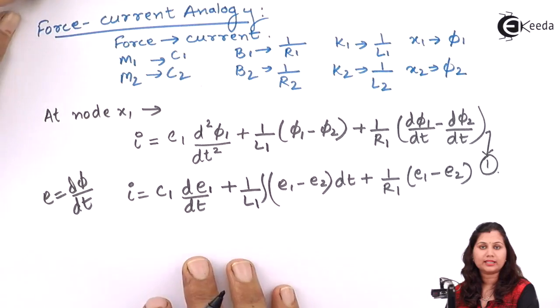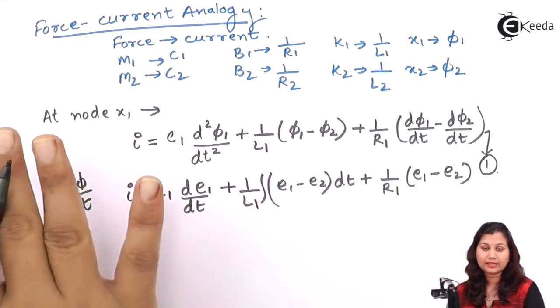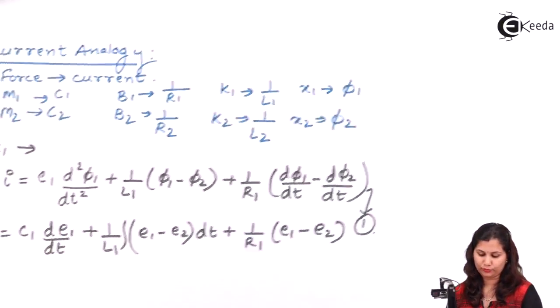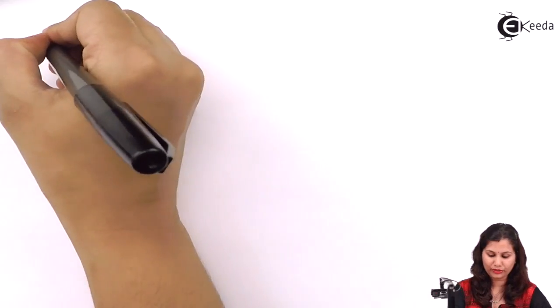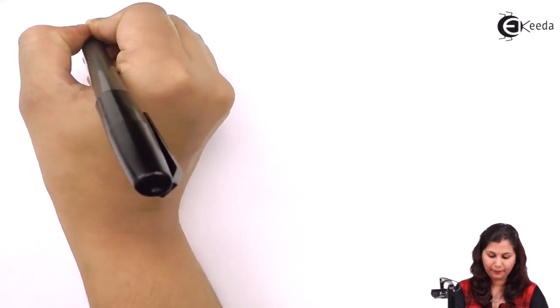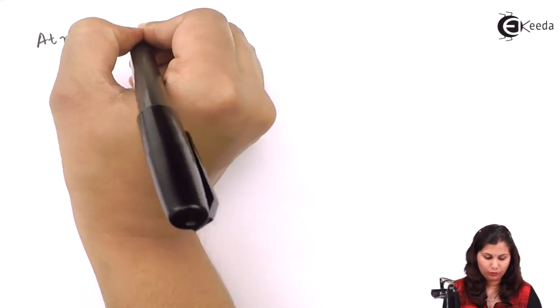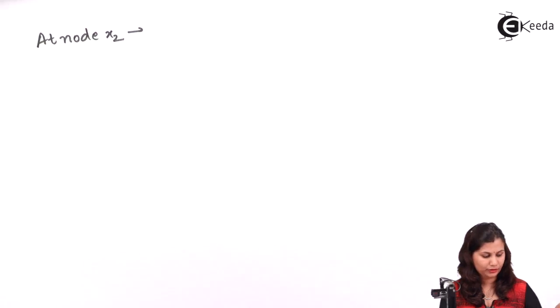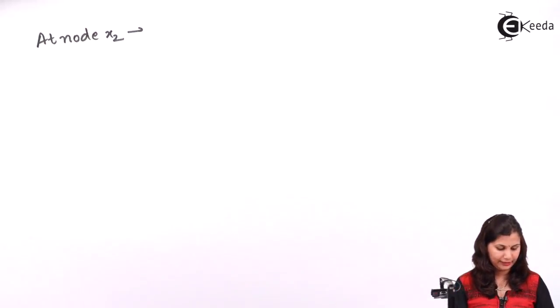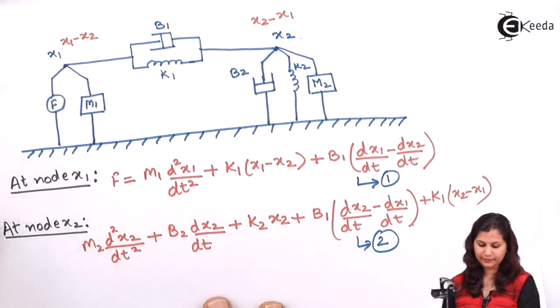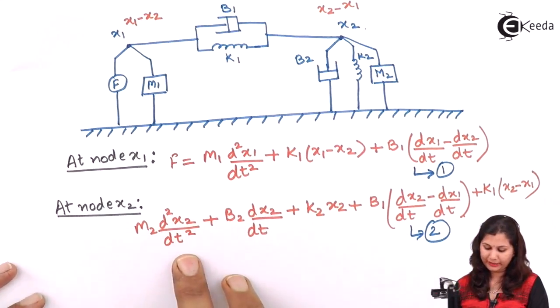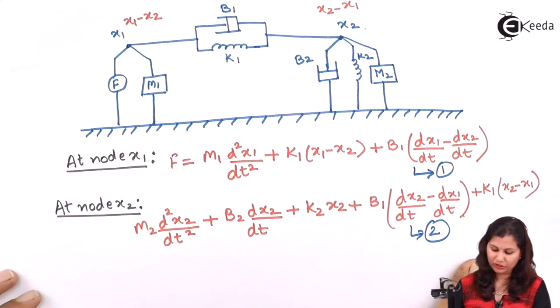Now we will write the nodal equation for the second node, that is x2. So at node x2, what was the equation for that? At x2 we were having this m2 d2 x2 by dt square plus this was the equation.